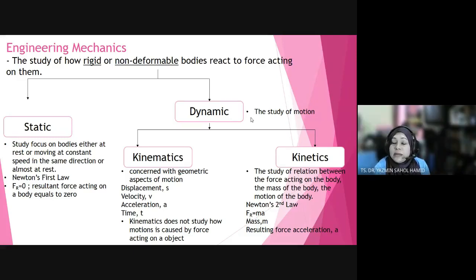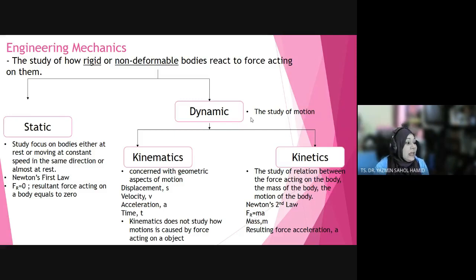Okay, good, Mirza. That is totally different from dynamics. In dynamics, a body is sometimes moving at a constant speed too, but maybe not in the same direction. Or maybe the speed is not constant, it is different at different time intervals. That is the difference.